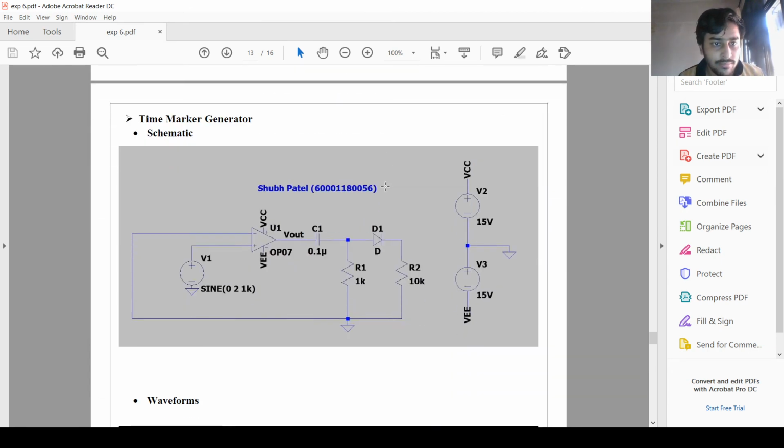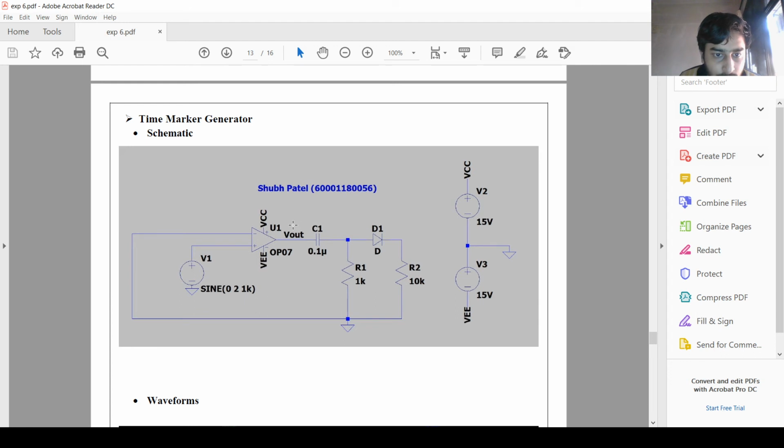Let's move to the time marker generator circuit. The time marker circuit is the continuation of the zero crossing detector. Here we have applied the sinusoidal voltage to the non-inverting input terminal, and the output of this will be connected to the differentiator, which is an RC combination, and the RC differentiator will then be connected to the diode to clip off the negative waveform.